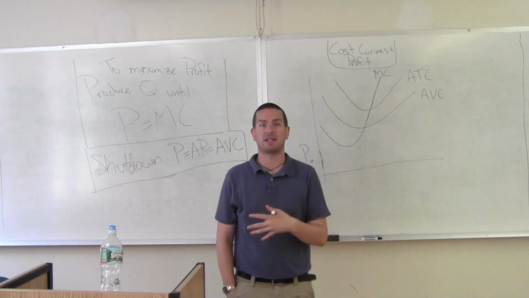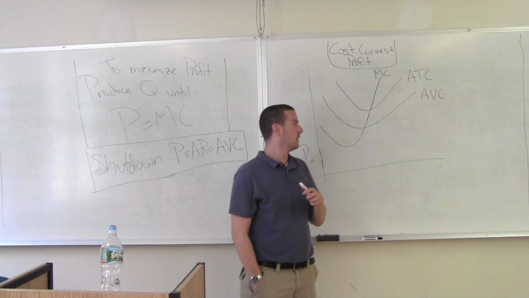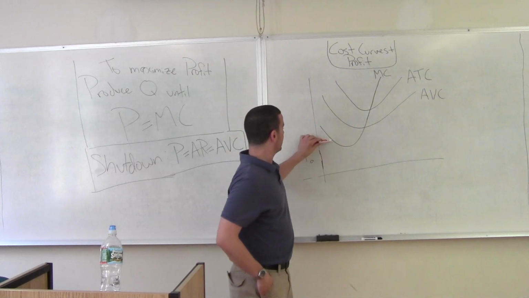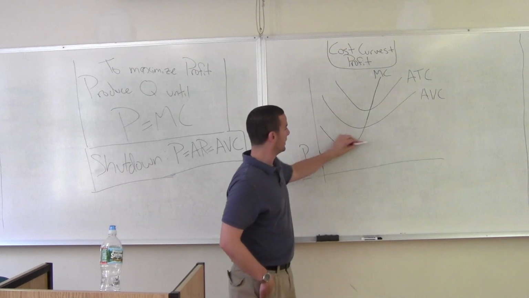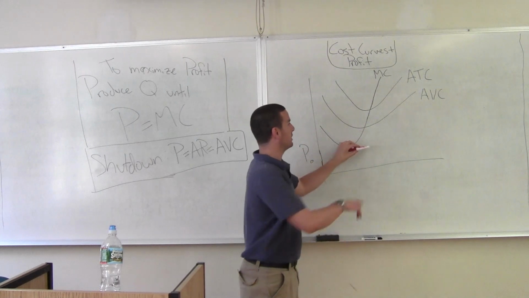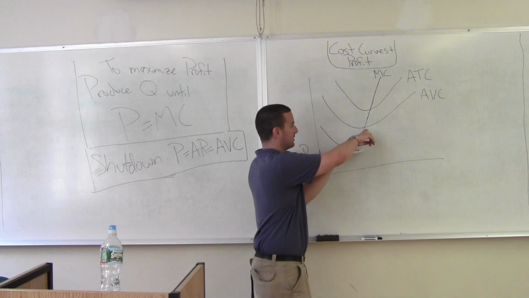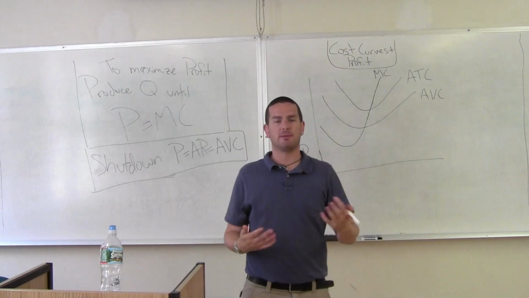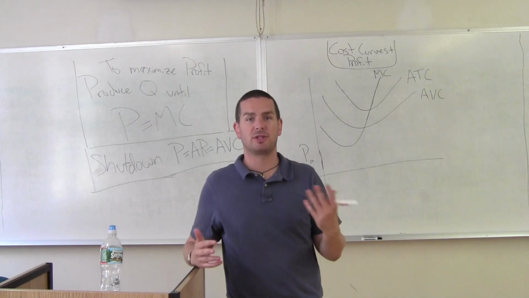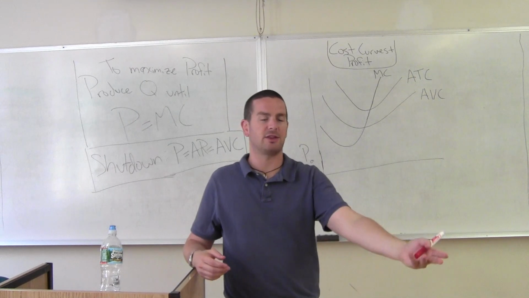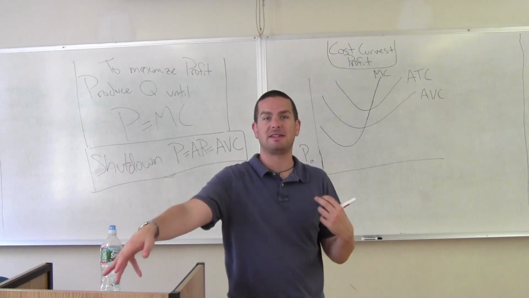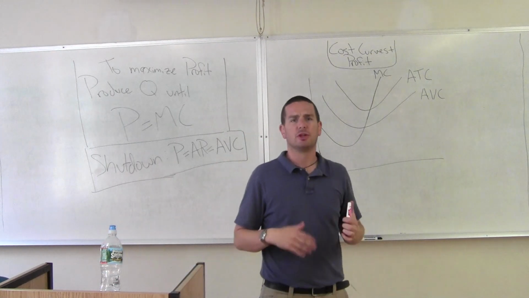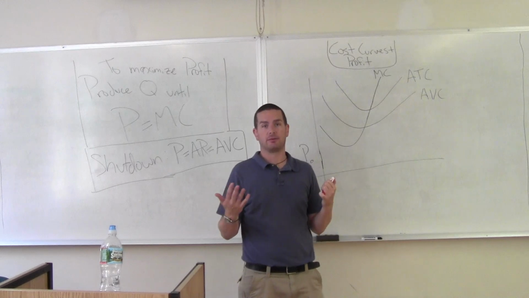It makes sense to shut down and not produce anymore. Why? Because if the demand curve is below your average variable costs, then you're going to be losing money. So it doesn't make sense to be producing anything. You're getting 13 cents in, but you have to pay 15 cents out. You're losing money, so you shut down.